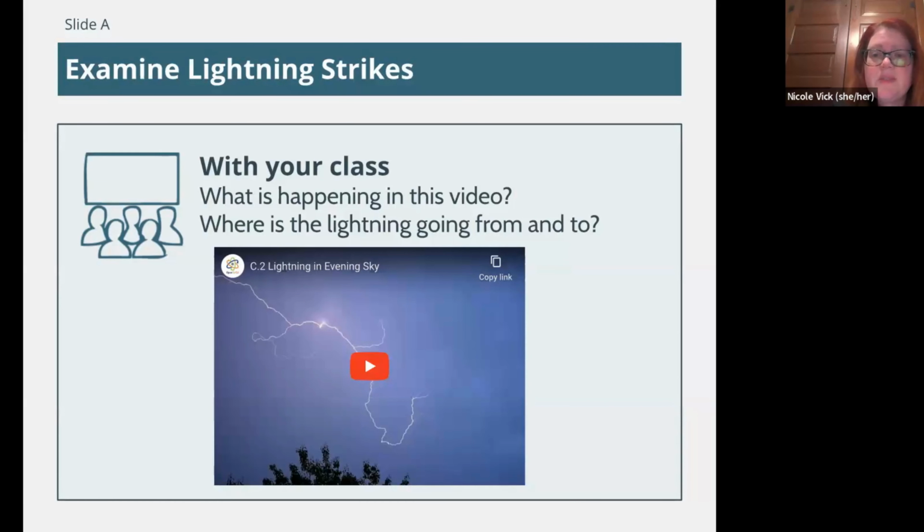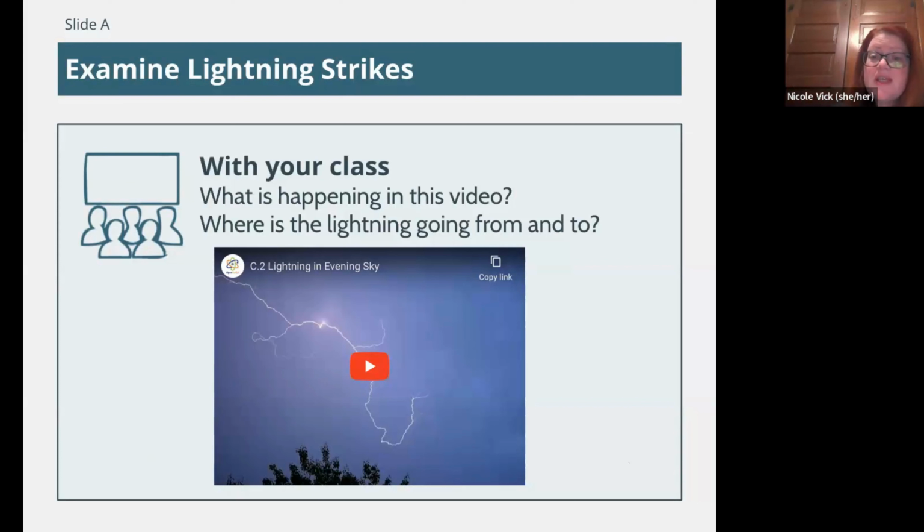We're seeing some directions coming up here, going from lower points to higher points and also from higher to lower. Sometimes it's going horizontally. There's a lot of lightning. It's going from cloud to cloud, cloud to ground, ground to cloud. Yeah, it's happening very fast. So lots of different noticings about it.